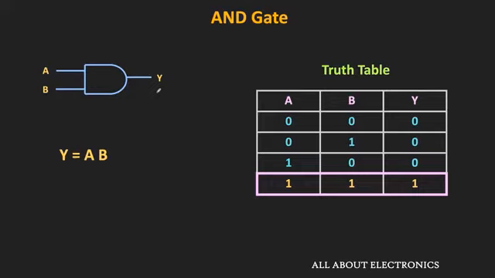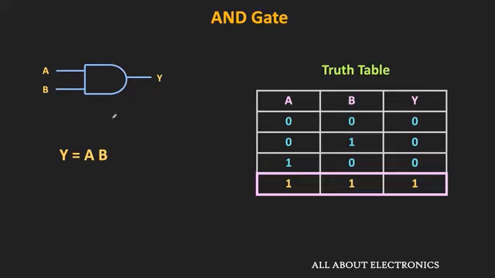That means if inputs A and B are both 1, then and only then the output of the AND gate will be equal to 1. And if any one input is low or logic 0, in that case, the output of the AND gate will be low. So that is the two input AND gate. Similarly, we can also have an AND gate with more than two inputs.